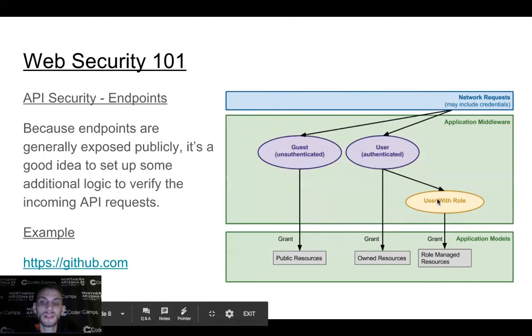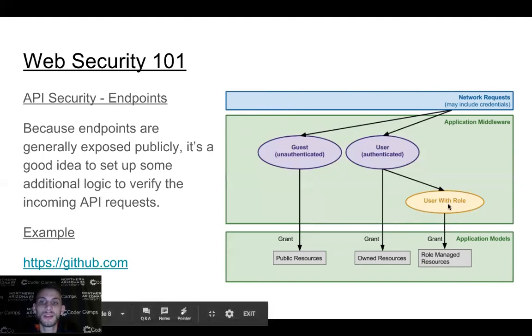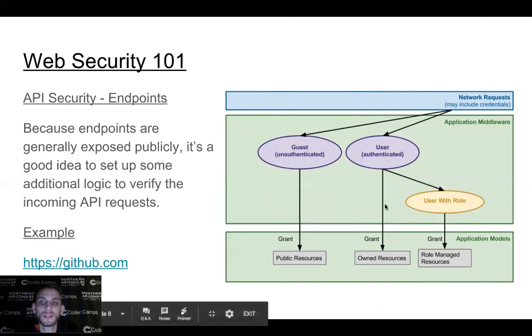And finally, if we're part of an organization, something like an admin, we can have access to even more endpoints. But you see, GitHub didn't set it up in a way where the guest could access all the resources. This makes it more secure and harder for attackers to attack the more sensitive resources.